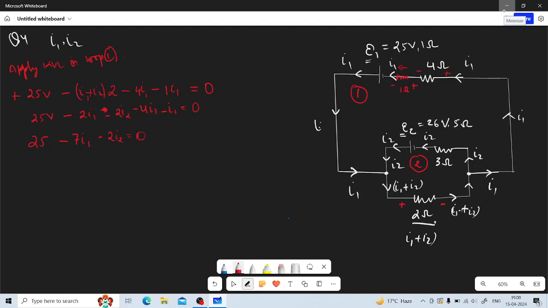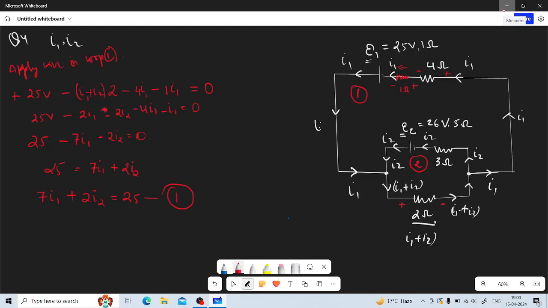So we keep unknowns on one side, and we have 7 I1 plus 2 I2 equal to 25. Or I can write this as 7 times I1 plus 2 times I2 equal to 25. So let this be equation 1.